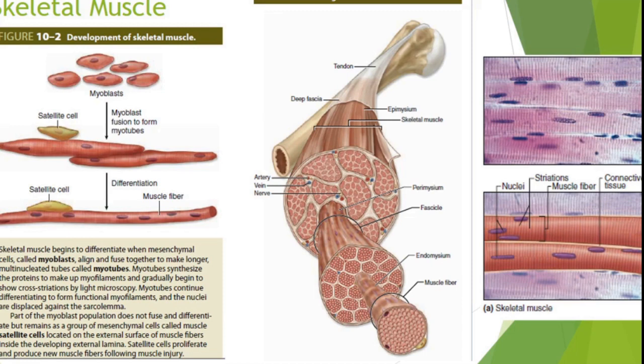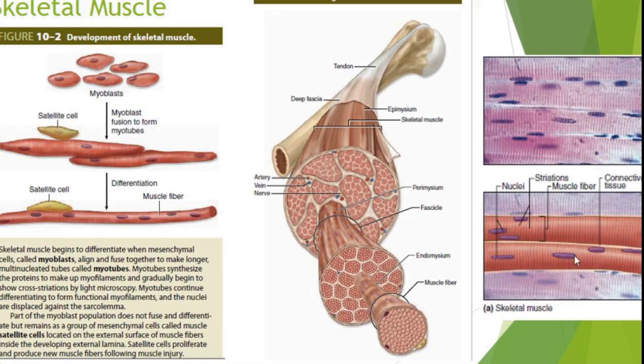Uulitin ko, ano nga kasi yung muscle type natin na nagbabranch ang kanilang muscle fiber? That is your cardiac muscle fibers. Okay? Next, nuclei are located at the periphery or beneath the sarcolemma and may be more than 2.